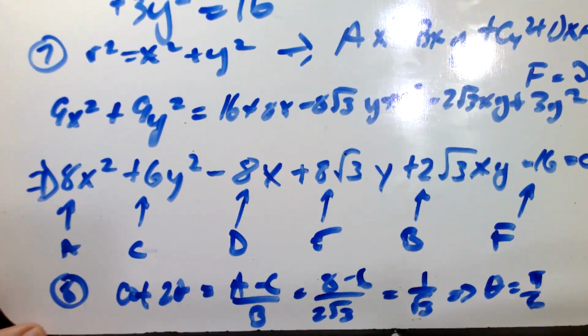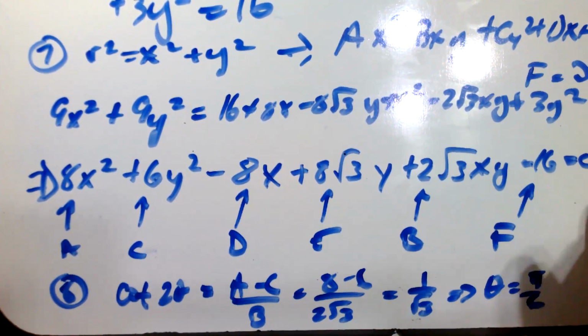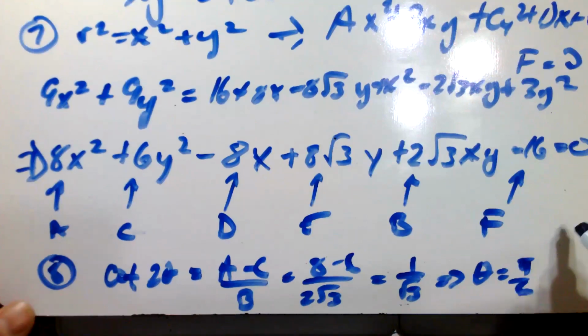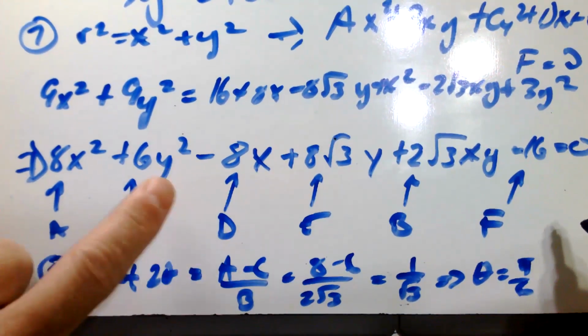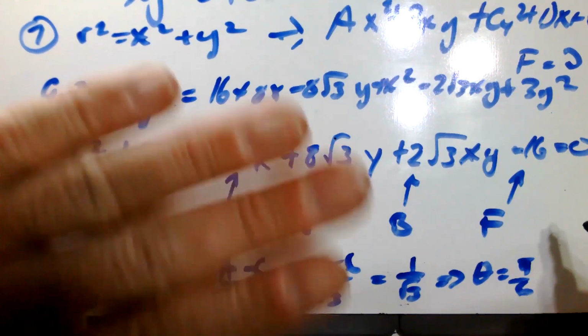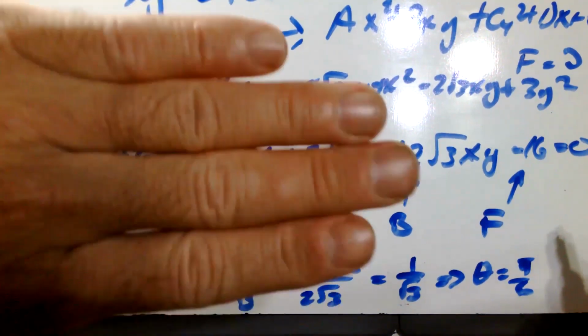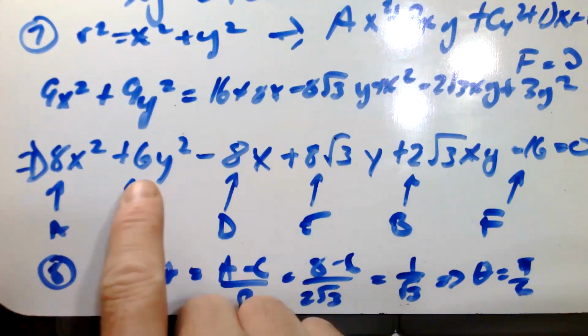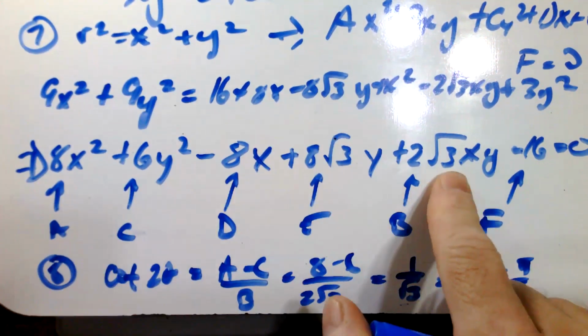Question 9 then asks, what is the significance of the pi over 6? So the pi over 6 is the counterclockwise rotation of the axes. So this is some conic section that, if it were plotted without a rotation, you wouldn't see these cross terms, these xy terms.